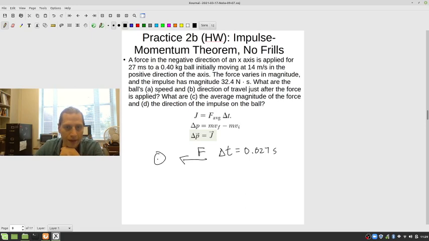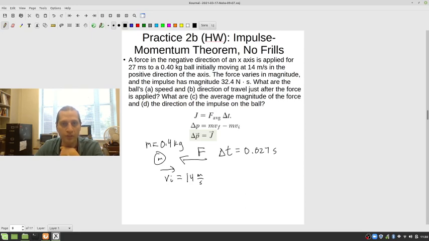So there's your mass, M equals 0.4 kilograms. And this ball's initial speed, V initial, is going to be 14 meters per second in the plus x direction.